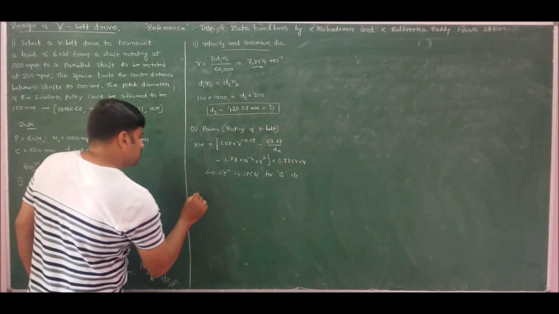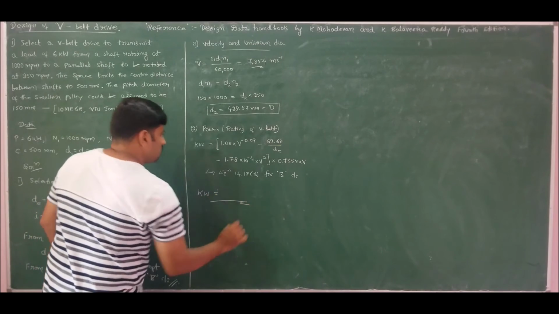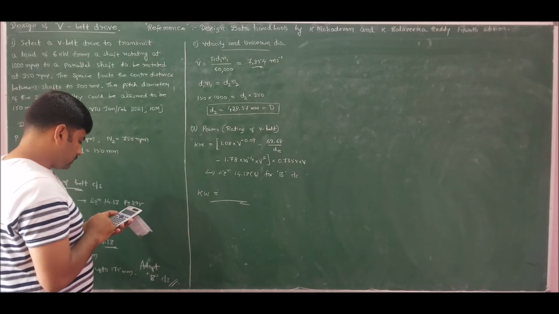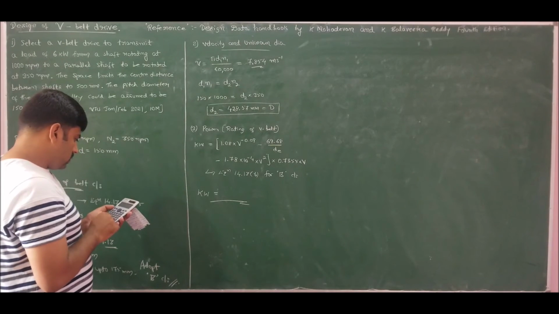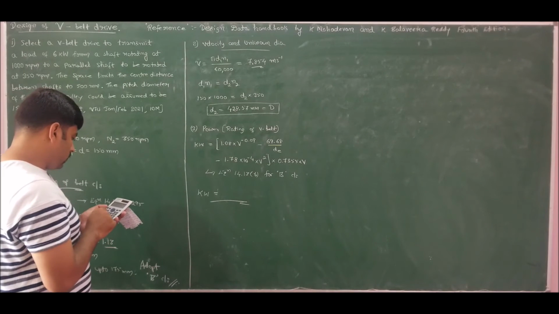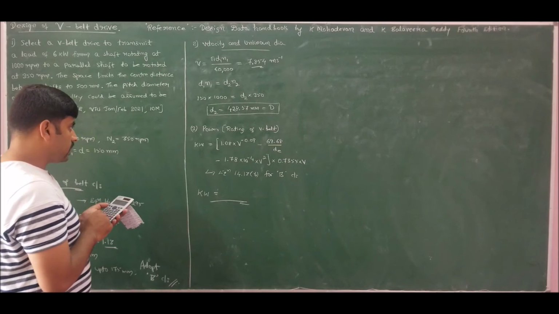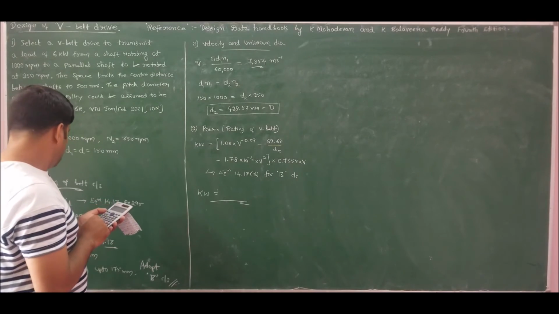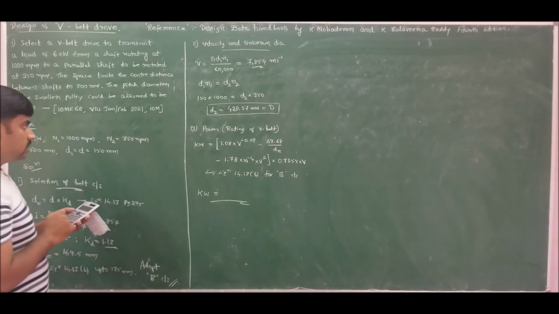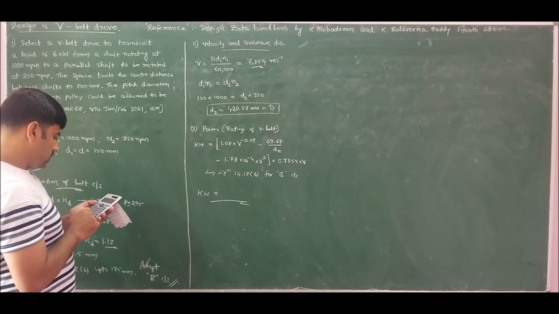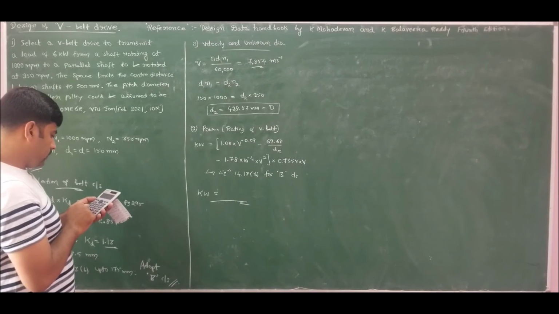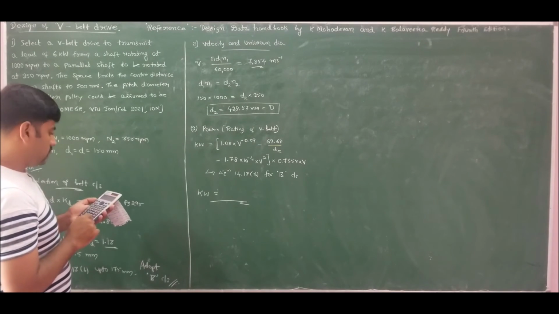Now I know all the values. If I substitute and solve, I get the rating of the V-belt for B cross section as 1.08 into V, which is 7.854, to the power of minus 0.09, minus 69.68 by the equivalent diameter 169.5, minus 1.78 into 10 to the power of minus 4 times velocity square, 7.854 square, whole multiplied by 0.7355 times velocity 7.854.